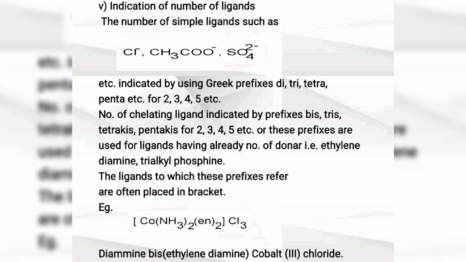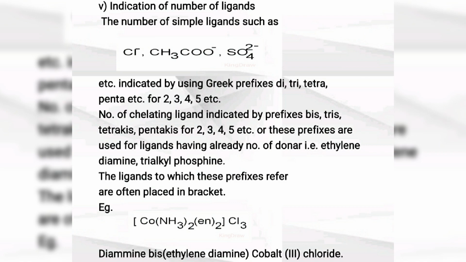These prefixes are used for ligands having more than one donor atom, like ethylenediamine, trialkylphosphine, etc. The ligands to which these prefixes are applied must be placed in brackets. For example, [Co(NH3)2(en)2]Cl3. Here en means ethylenediamine.